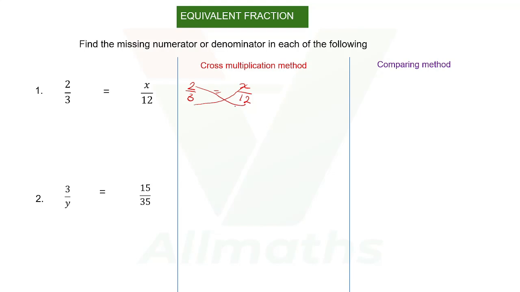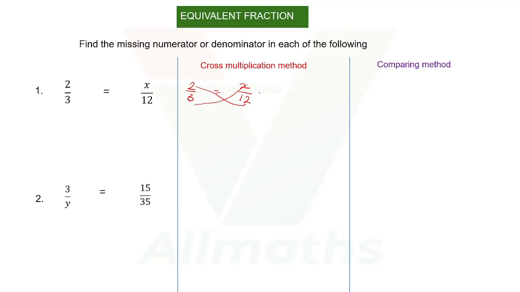The numerator here is multiplying the denominator here, and the denominator here is multiplying the numerator here, and that is because they are equivalent fractions. Please don't try this if there is a multiplication, addition or subtraction sign between them. Only when you have an equality sign between two fractions can you be talking about cross multiplication.